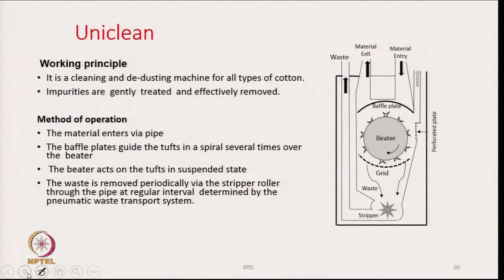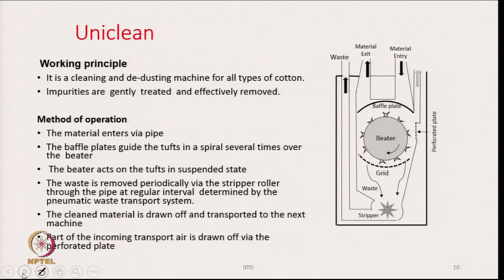The waste is removed periodically via this stripper roller and through the pipe. There is a waste exit also, and the clean material is drawn off and transported to the next machines. And part of the incoming transport air is drawn off via the perforated plate.